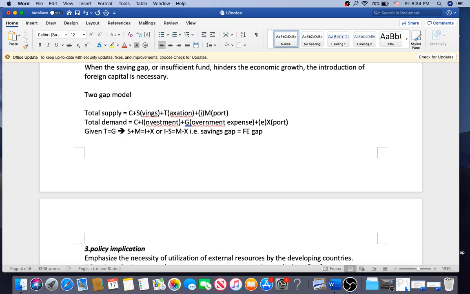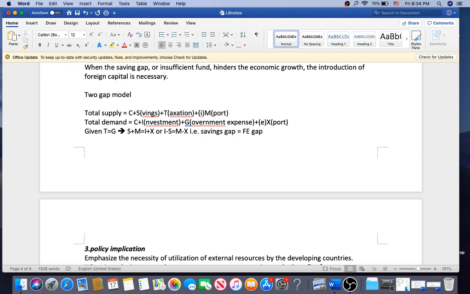In the introduction of the external resources, the domestic economic structure needs to be adjusted to meet the requirements of the introduction of external resources. At the same time, the government should play its role in regulating the economic activities.